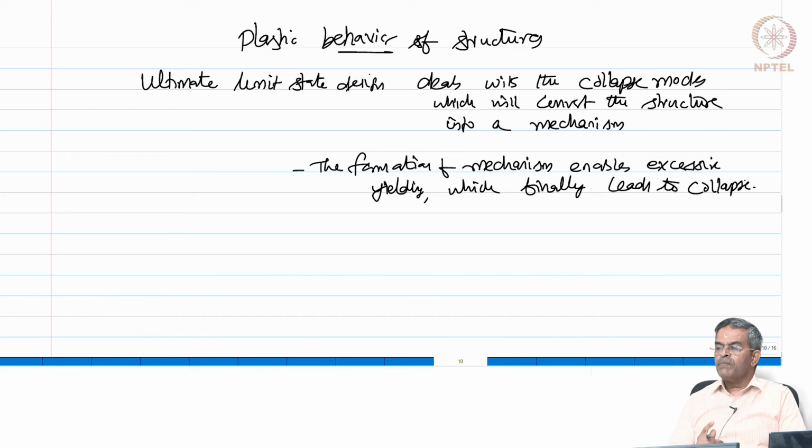So, there should be a design procedure which utilizes this excessive reserve strength beyond yield value, is it not? The load carrying capacity can therefore be increased because of reserve strength. But however, this does not mean that the structural capacity should be extended beyond a value that results in a catastrophic failure. Okay?